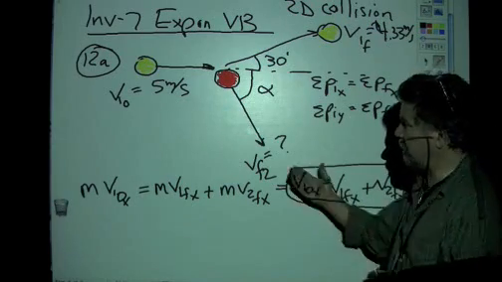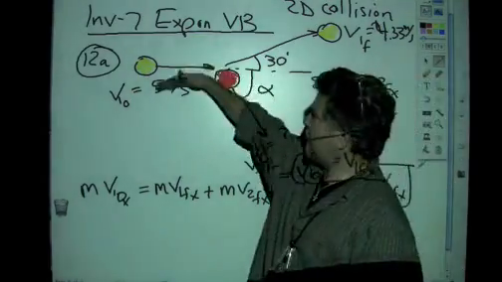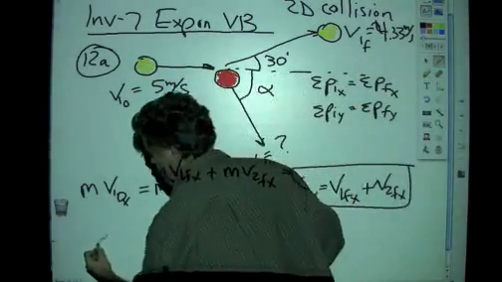And on the other one, I know my M's will also cancel in the Y. This guy has no momentum in the Y to begin with, so 0.